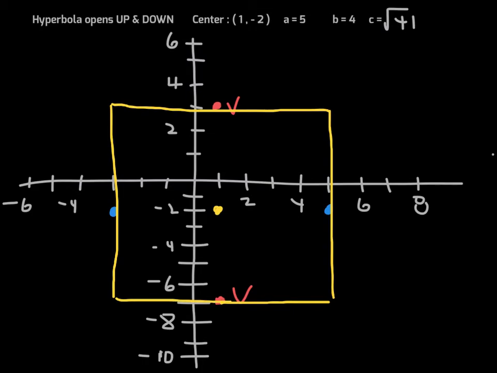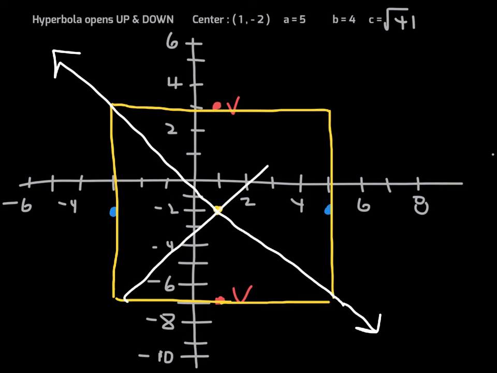And now we want to extend the diagonals of this rectangle. Let me grab a different color for us here. So maybe just white. I'm going to draw the extended diagonals right through the center, here and there.